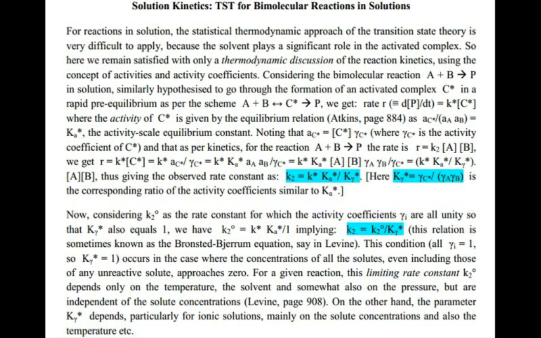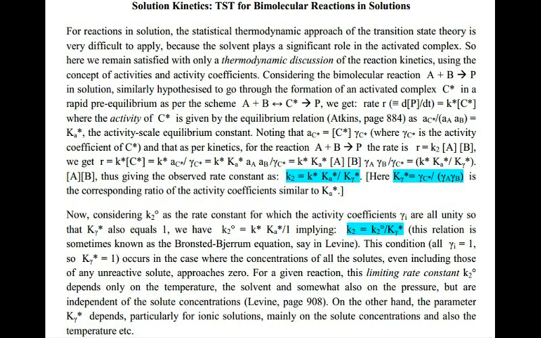Now we get rate is equal to, on the other hand, k star into square bracket C star, which is k star into activity of C star divided by the activity coefficient gamma of C star.